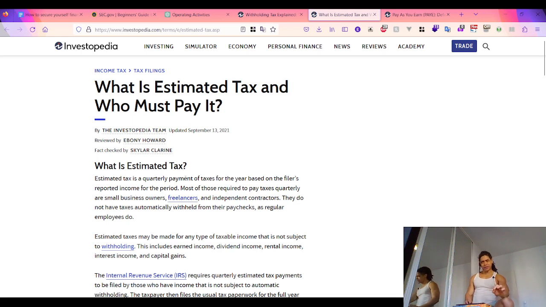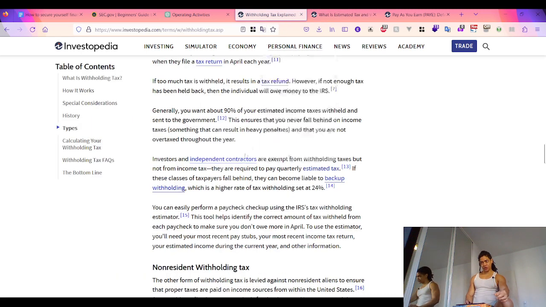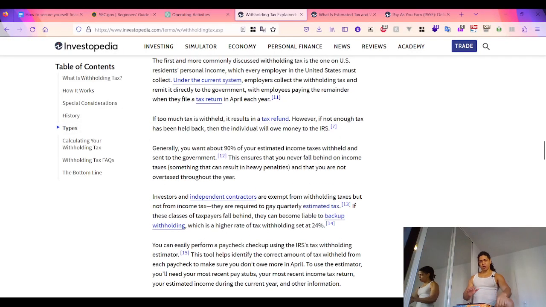Now, when I talk about income tax payable as a business, these are amounts that a company owes based on how much revenue and net income it makes, and the tax rates.